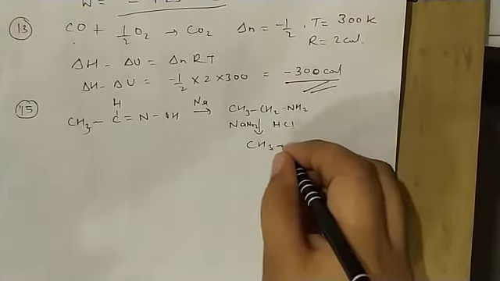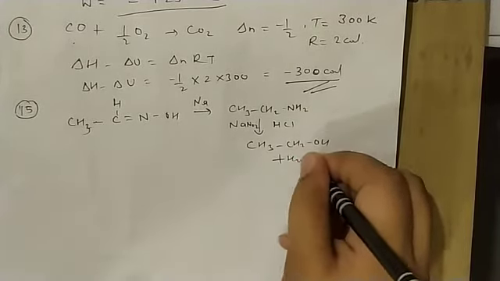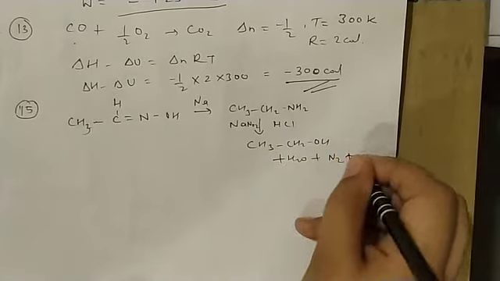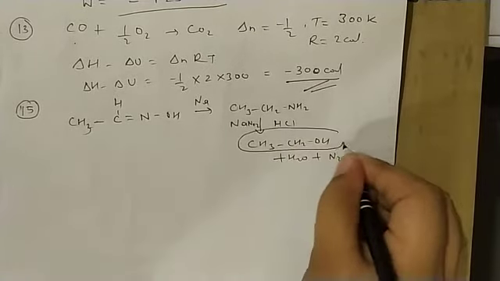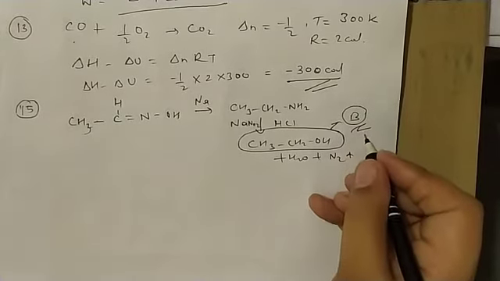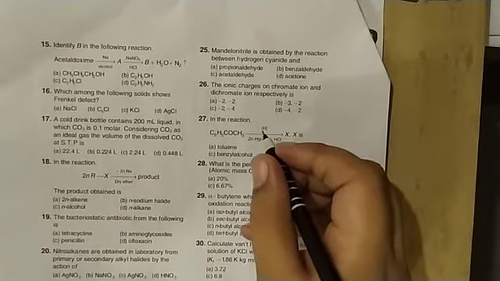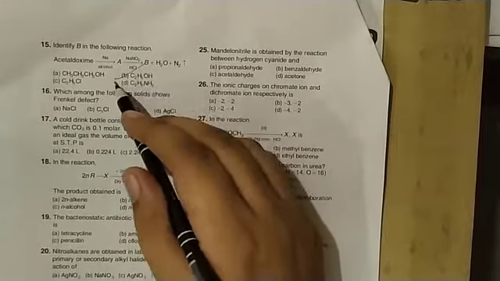It will form ethanol, plus water is evolved, plus nitrogen gas is evolved. So B will be ethanol. The compound B formed is ethanol. Let us go through the options. Ethanol is given in option number B. Option number B is correct in this case.